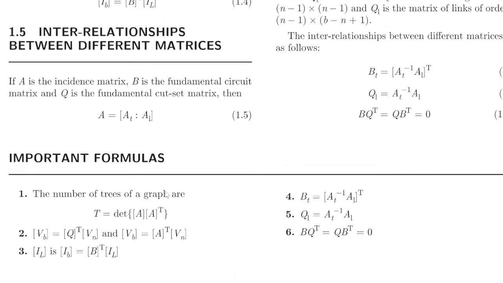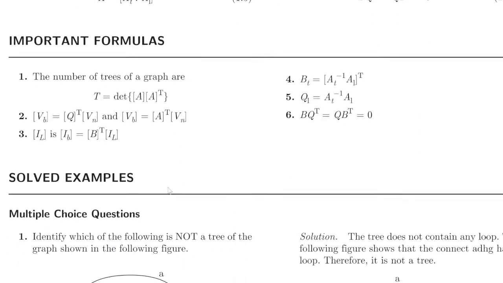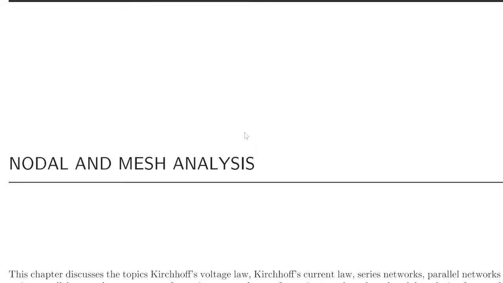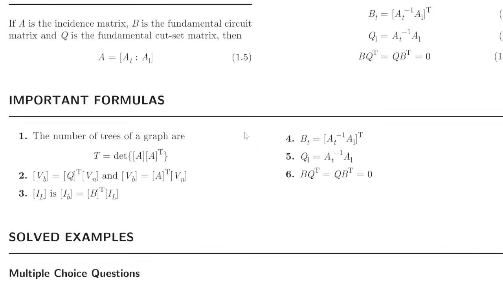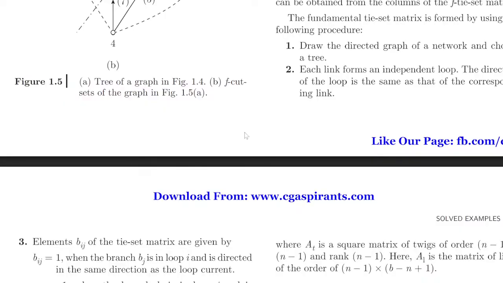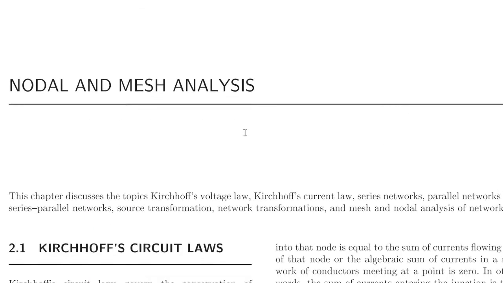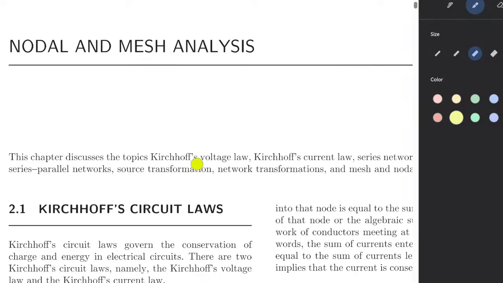The important formulas for this are given here. So identify the graph as shown, and these are the network branches. After that, we move to the next chapter, nodal and mesh analysis.